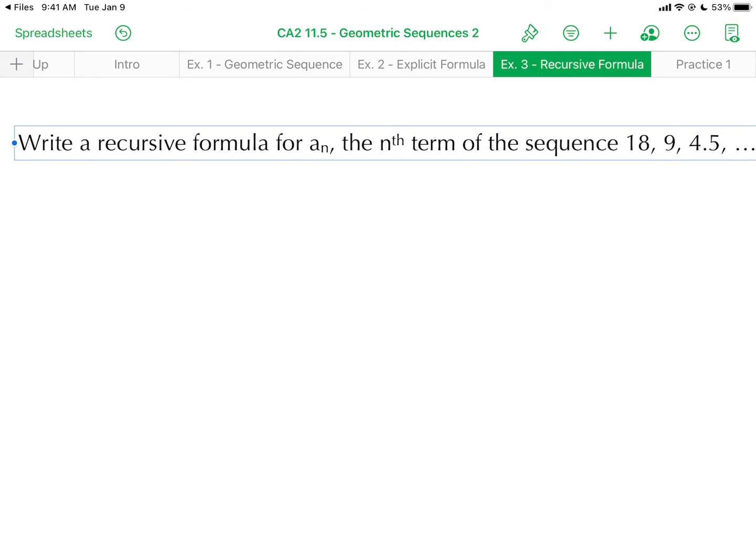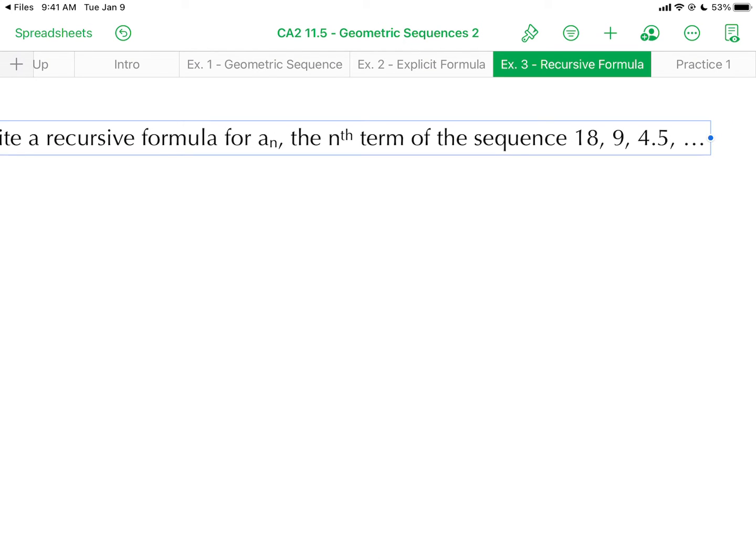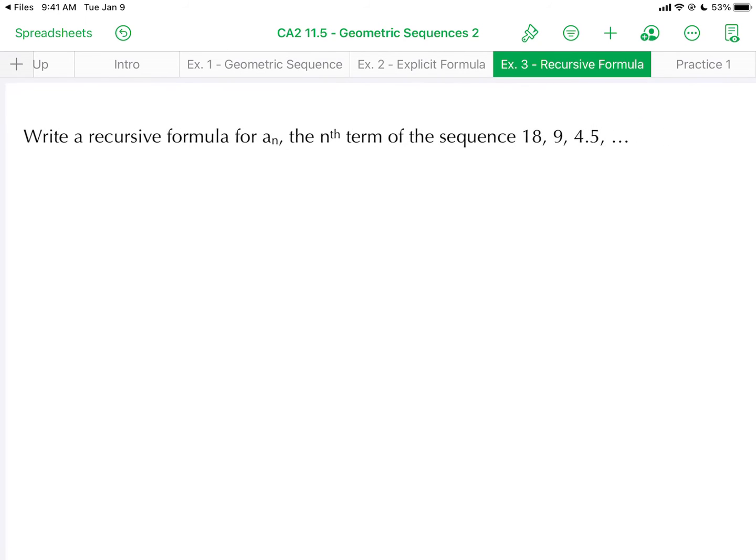Okay. Now let's write a recursive formula for a sub n, the nth term of the sequence 18, 9, 4.5. Okay, so recall a recursive formula defines the sequence in terms of a previous term, right? And in order to define it recursively, you always have to provide one term of the sequence, which typically is the first term, right?